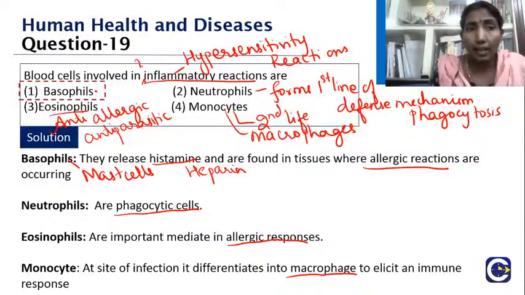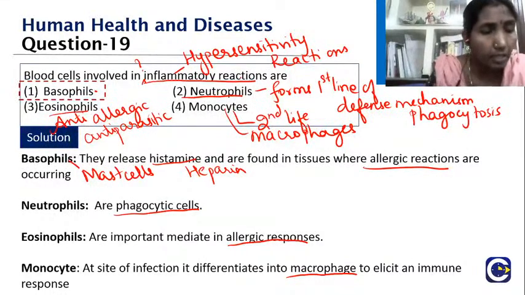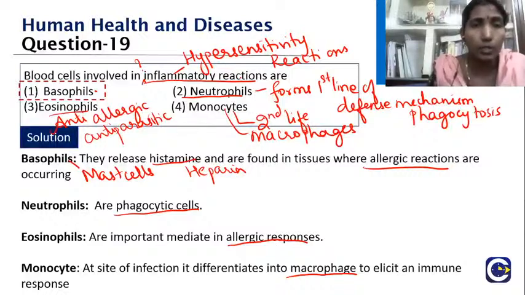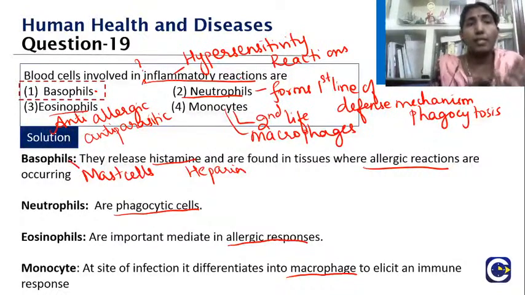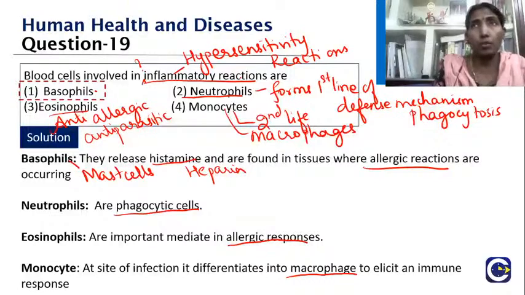So if they have added that word hypersensitivity, then we can say basophil. Yes, the inflammatory one, I agree, it is the neutrophil. The blood cells involved in the inflammatory reaction, as we saw first, form the first line of defense, it is the neutrophil.